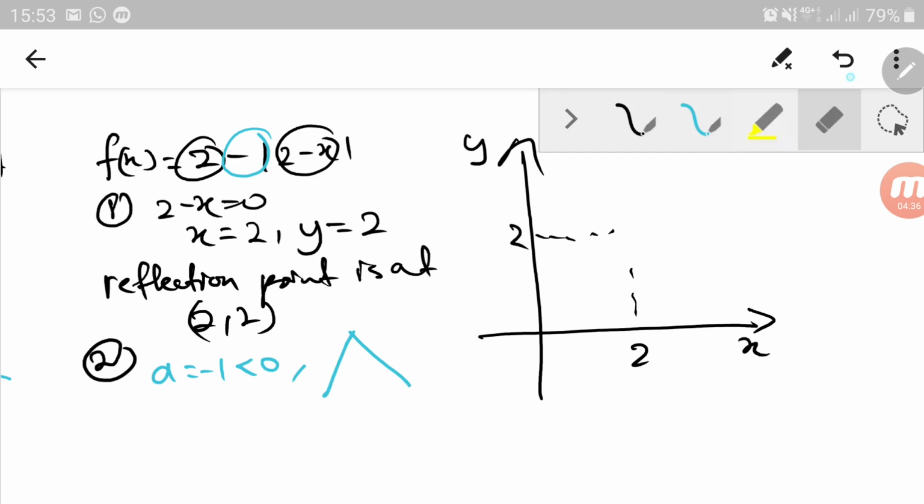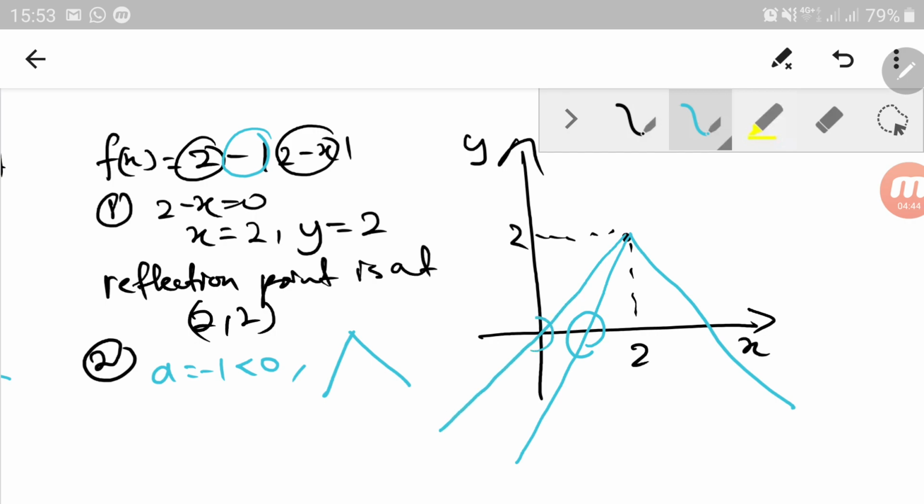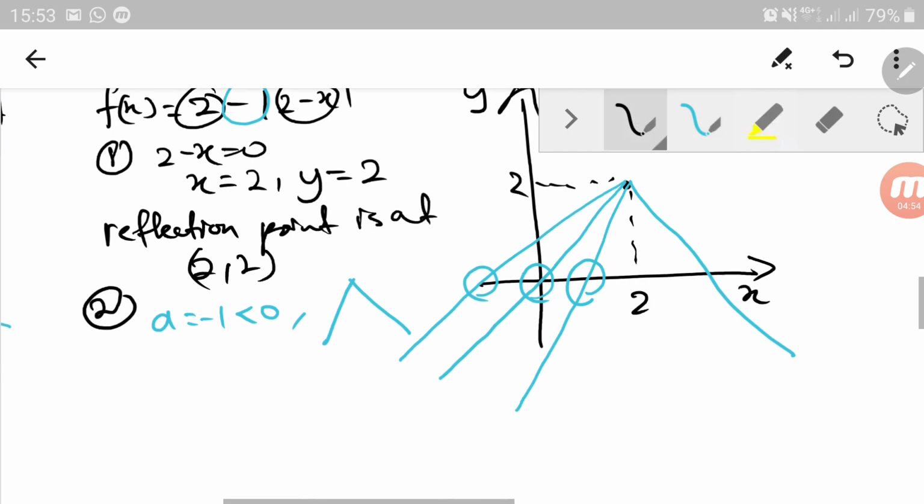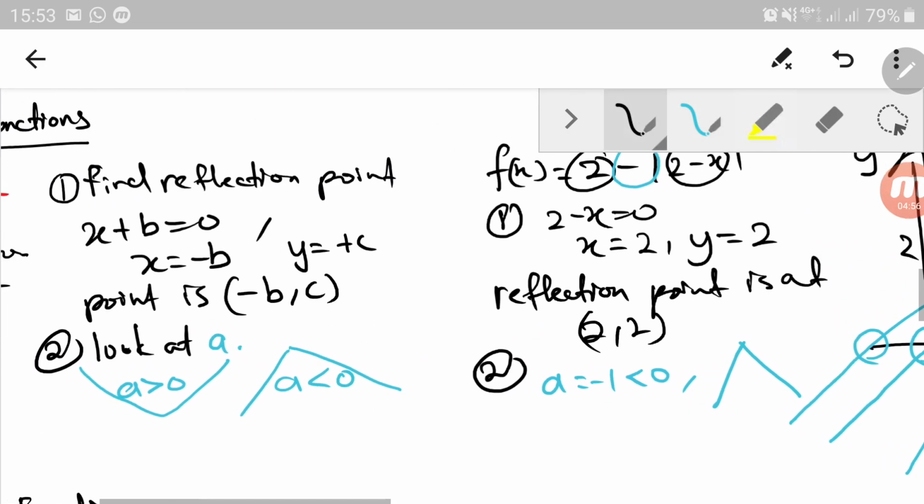It's either going like this, going through a positive x, or like this, going through 0, the origin, or like this, going through a negative x. So how are we going to find the value? Easy. We just need to add another step here.